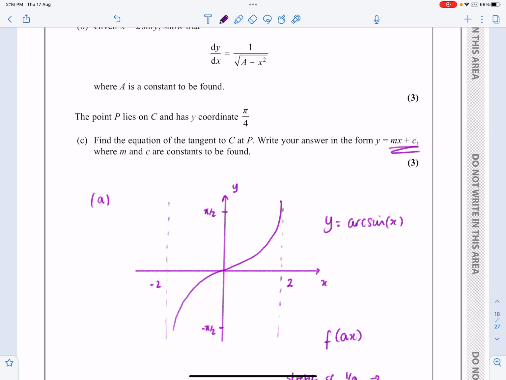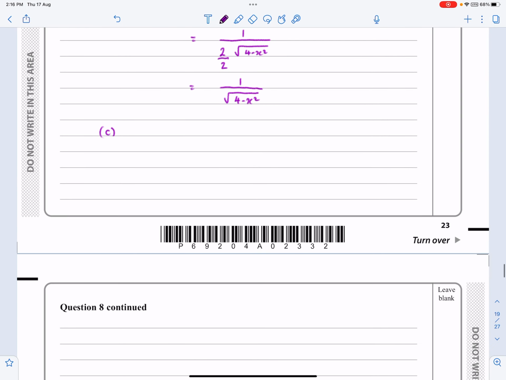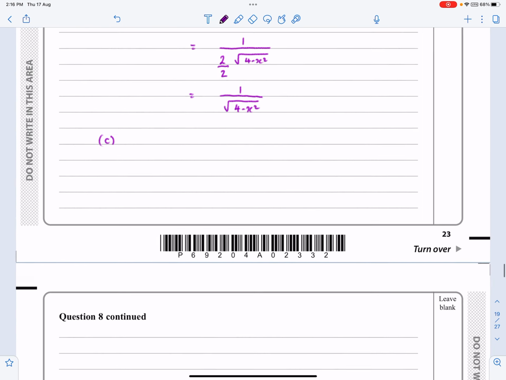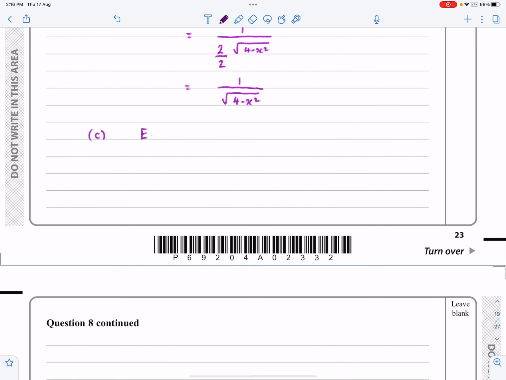So if I'm wanting the equation of a tangent, let's get started with it. I always write it down that it's y minus y1 equals m, x minus x1. M is going to be the gradient.